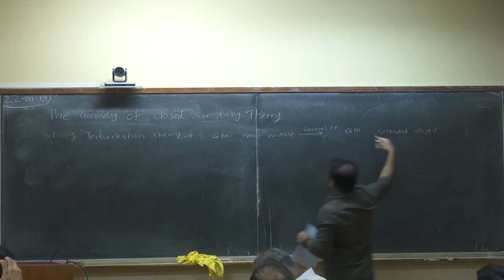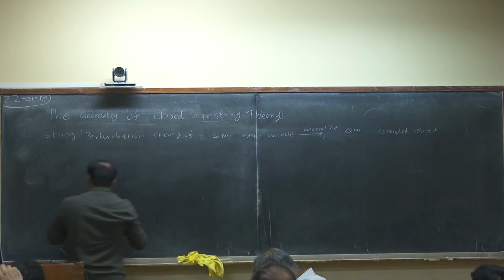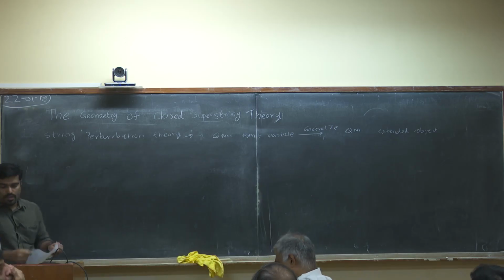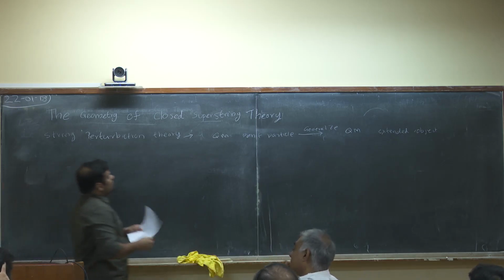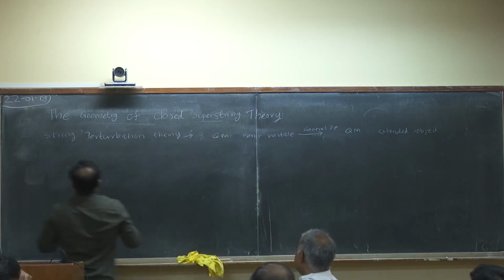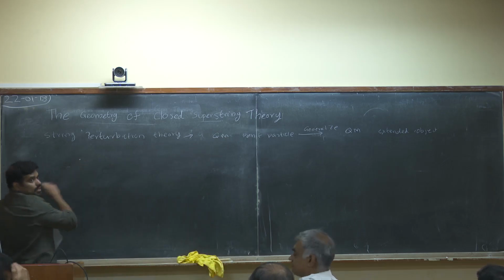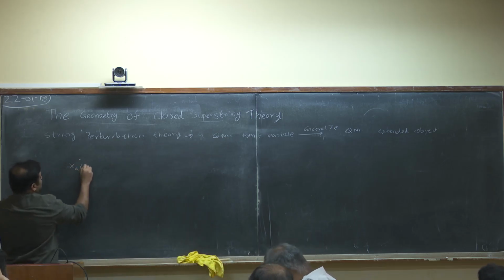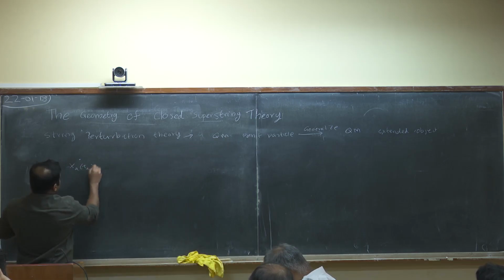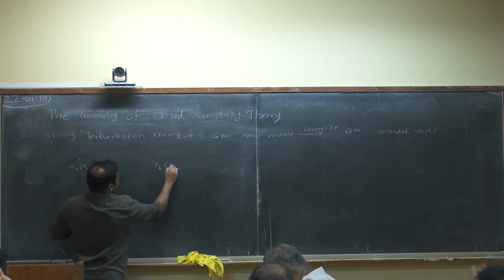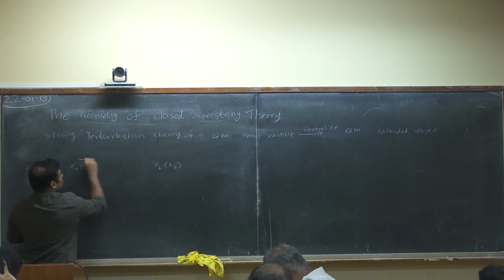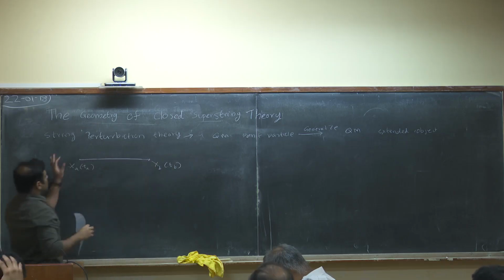We will be interested only in one-dimensional extended objects. The quantum mechanical rule for a point particle is that if you are interested in the propagation of a particle from position xa in space-time at time ta to xb at time tb, then we are supposed to consider all possible world lines that connect these 2 endpoints.